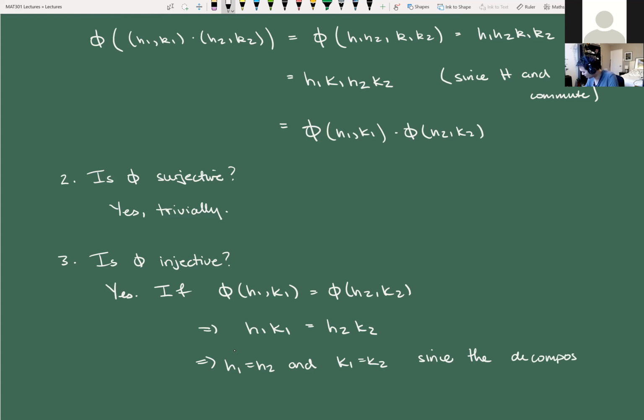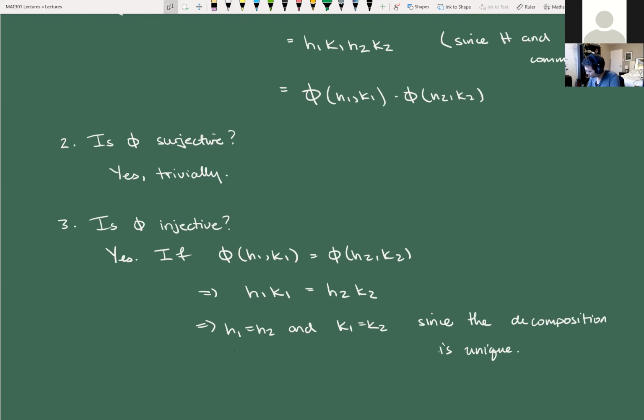There's only one way of writing each element in HK as something in H times something in K. Thus, h1 k1 is h2 k2, and we're done. We've proven it's a bijective homomorphism. It's an isomorphism, so we're done.